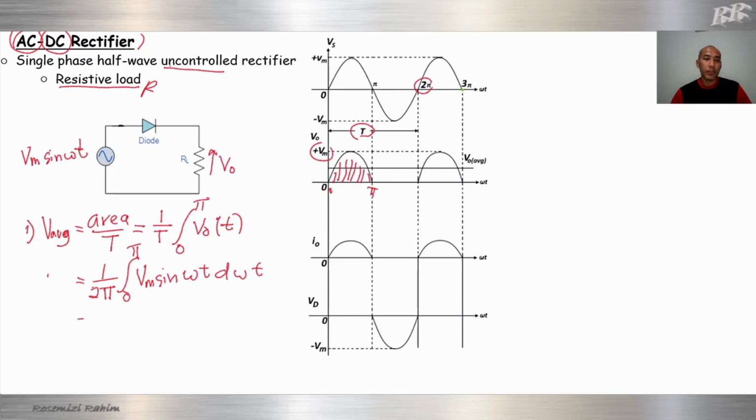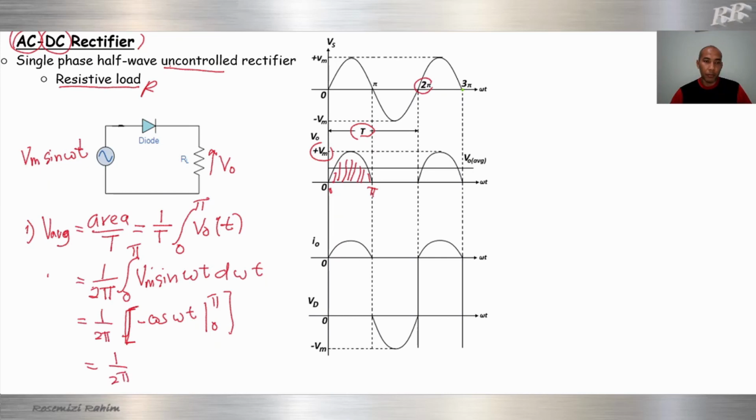When we derive it, we get 1 over 2 pi, and the integral of sine is minus cos, from 0 to pi.